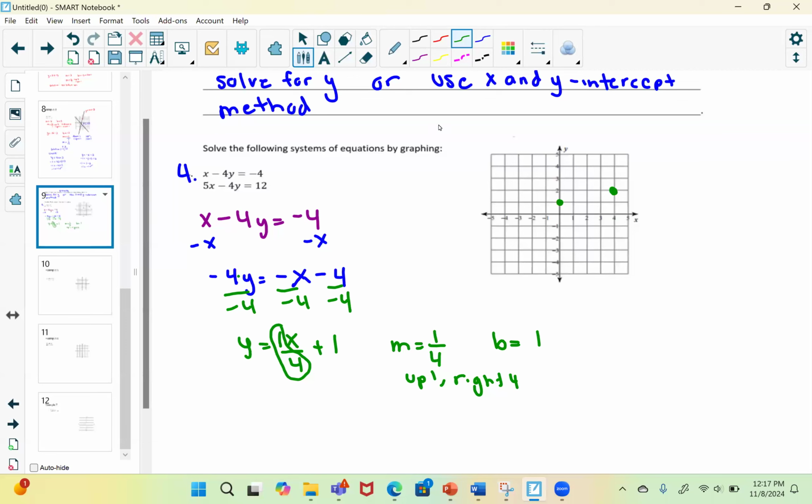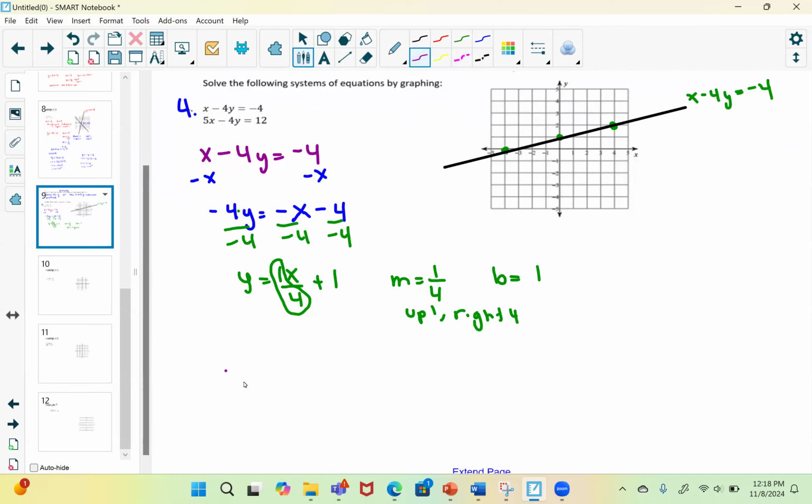And make our point. Okay, again, from this point, I could go down 1 and then left 4 to make the other point and graph my line. And then we're gonna just label this as x minus 4y equals -4.